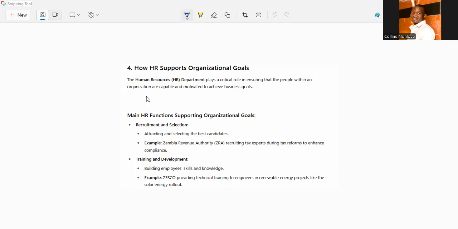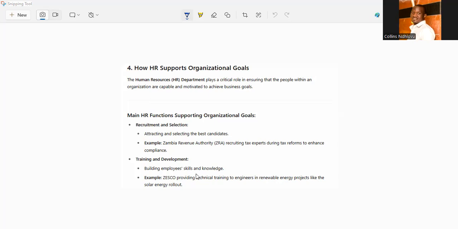The second role that HR has is that of training and development. So HR has training and development roles. So here, employees have opportunities to upgrade their skills, to expand their knowledge.